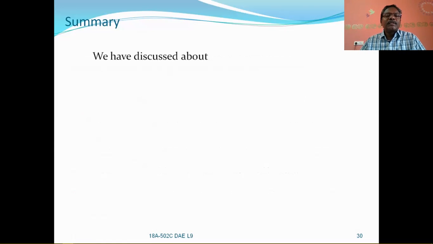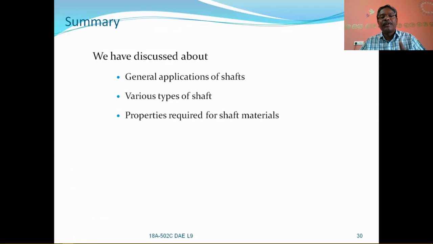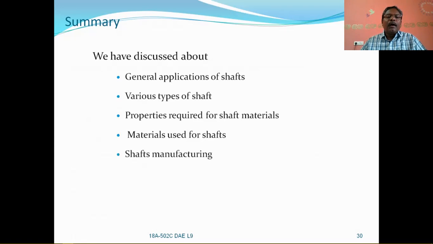So this is the lesson. So far we have discussed whatever. Let us see the summary of today's lesson. We have discussed general applications wherever we can use the shafts, various types of shafts, the properties required for the shaft materials, the materials used for the shafts, and shaft manufacturing.